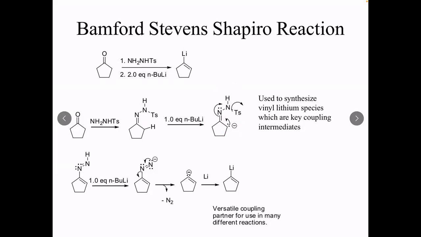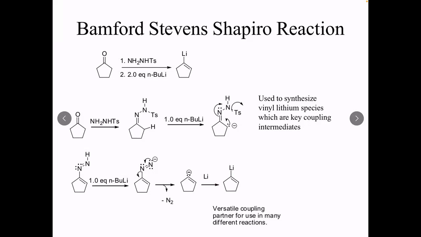Here you lose the tosyl group. And now you're here. Then you add that second equivalent of butyllithium in order to deprotonate nitrogen, and then you lose nitrogen gas, which is the driving force for the reaction. Then your second lithium comes in, and now that's covalently bonded to that sp2 carbon in the double bond.